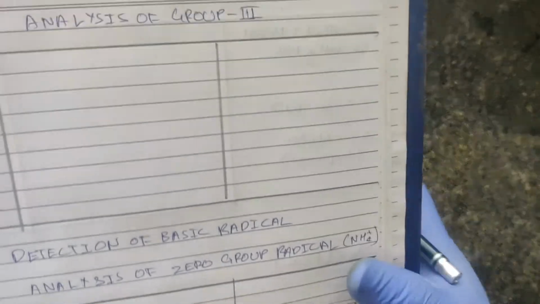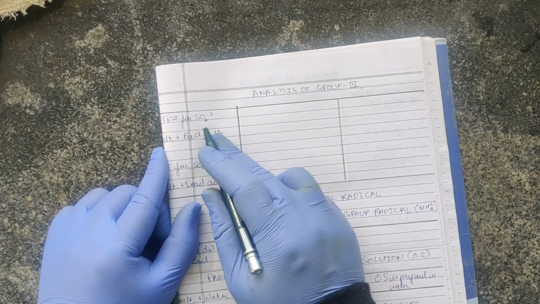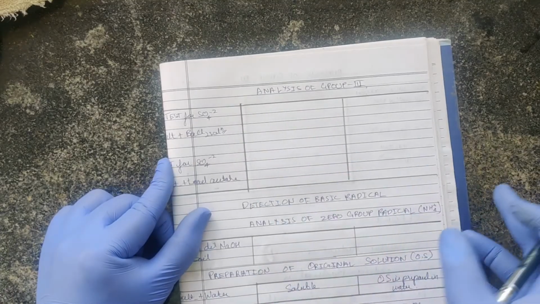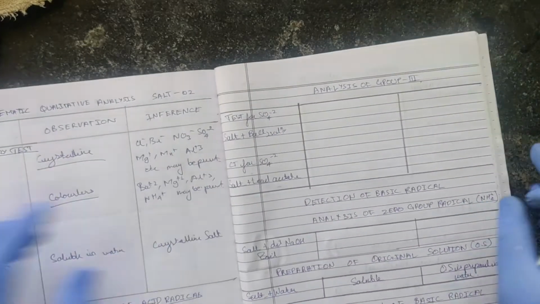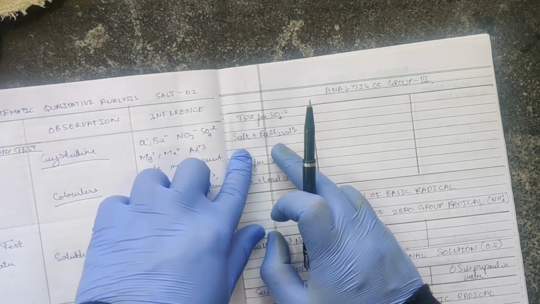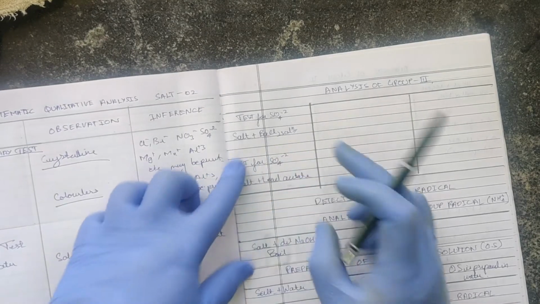Come to the next thing, analysis for group 3. Now group 3 contains your sulfate. Now we need to do a test for sulfate, that is salt plus BaCl2. Let us do this.